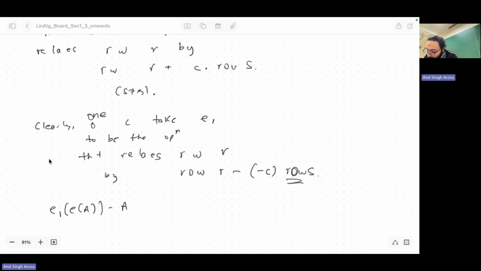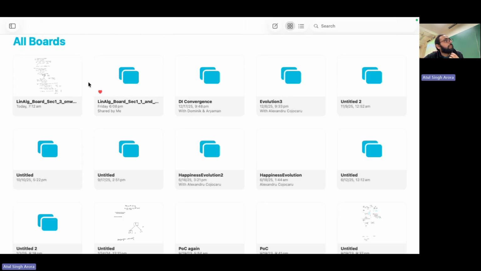I'm sorry. I think I have to just choose a new notebook. I think once the notebook gets too big, it starts creating problems. I'm sorry, there's going to be these technical snafus for a bit. Hopefully.